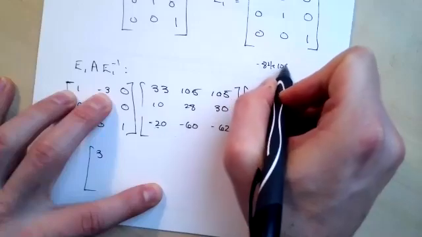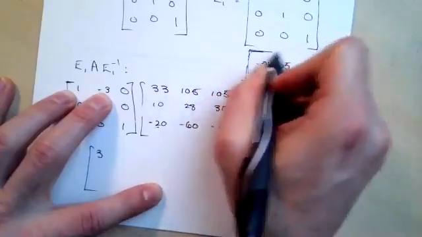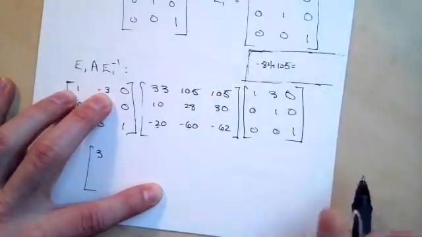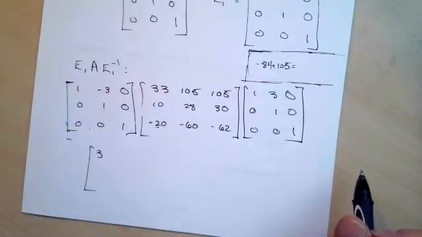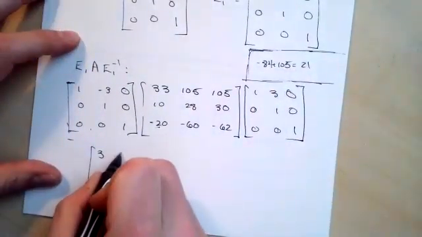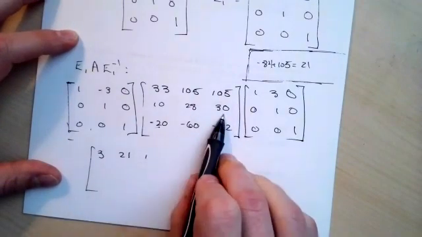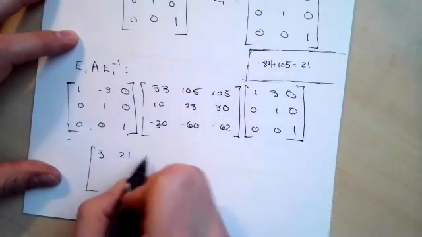Plus 105. Let's do a little scratch work bubble here. What's that going to give us? 21. So we still got 21 there. And -90 and 105 will give us 15.